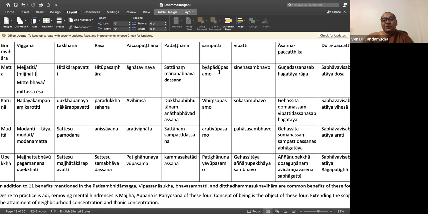So that is sampati, perfection. Then we can see vipatti. Vipatti means defect, defection. Sometimes our mind is very easy to change, a changeable mind. Our mind can disguise.